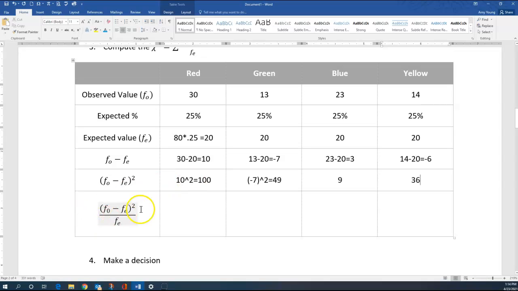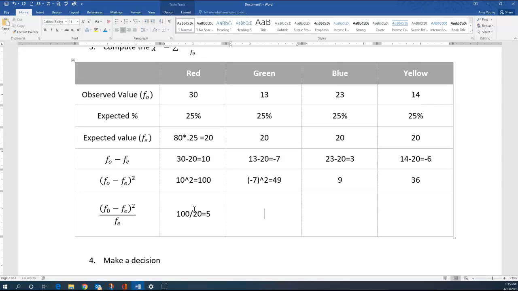So now we're going to do our last step. We're going to take this number here, this 100, and divide it by whatever our expected value was. That's that FE thing again. So right here we're going to do 100 divided by 20, which gives us 5.